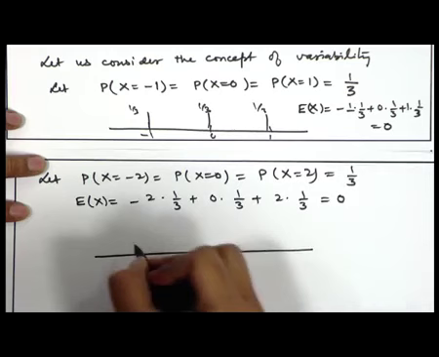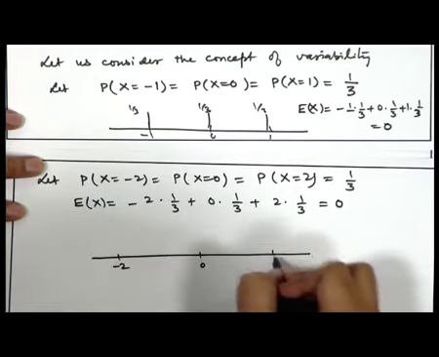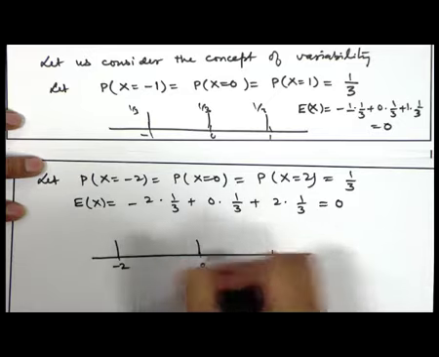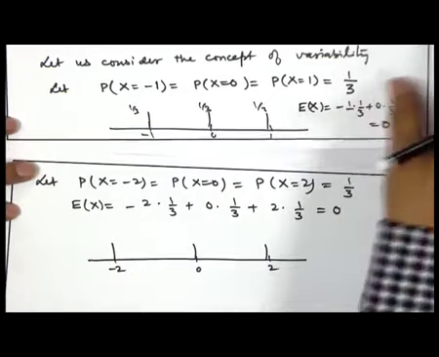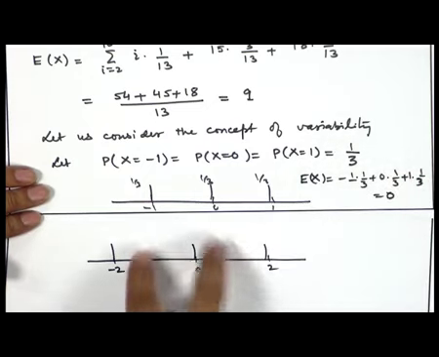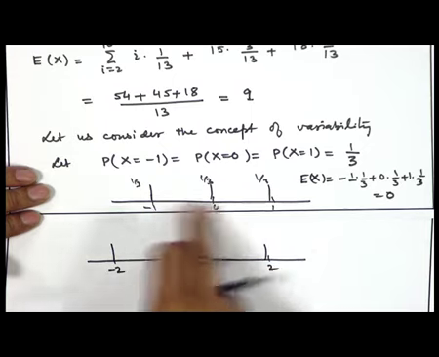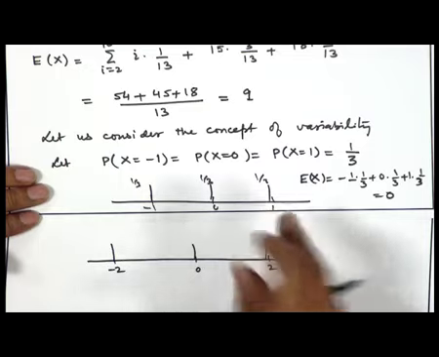But if you plot it, how does it look? -2 and plus 2, 1 by 3, 1 by 3, 1 by 3. So, if I compare these two graphs, you can see that the random variable x here takes values which are having more variation compared to this random variable.